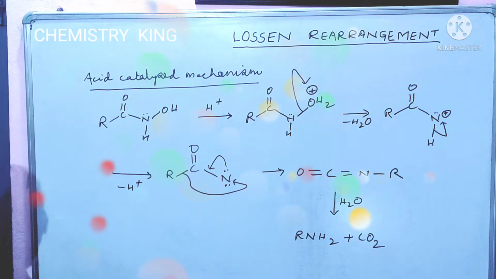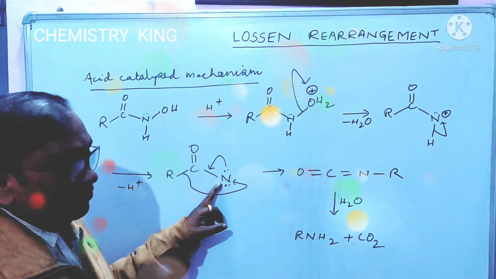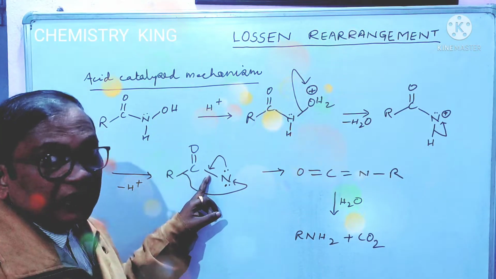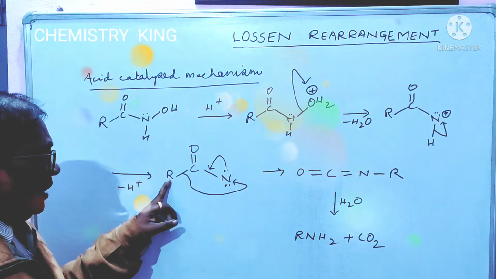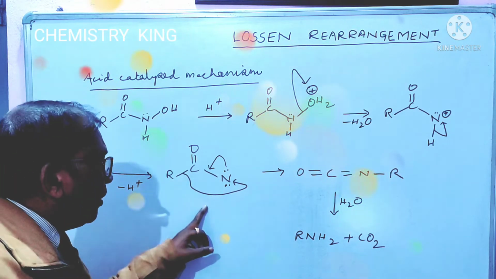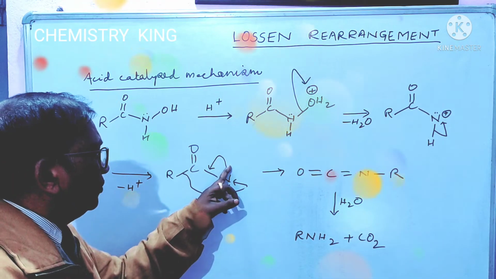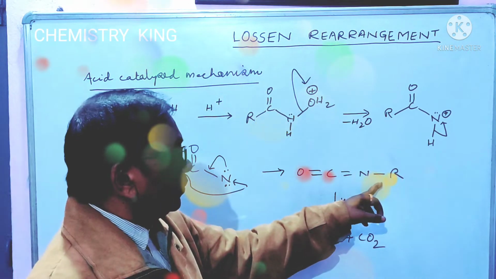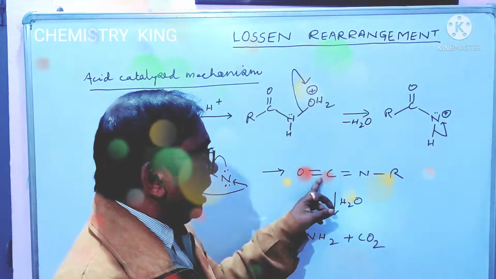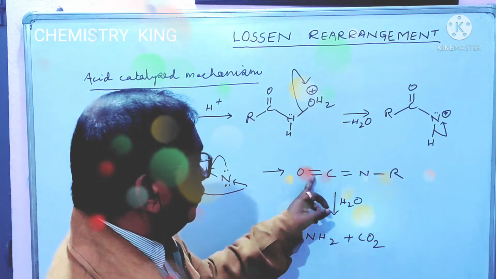It is nitrene. It is the intermediate. Nitrene is electron deficient nitrogen, 6 electrons only, like carbon. So, this alkyl group with this bond will come here and this electron pair will come here, leading to this. It is alkyl isocyanate, RNCO.